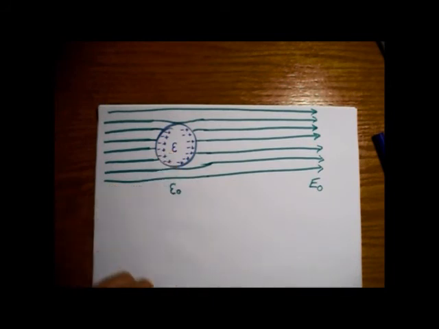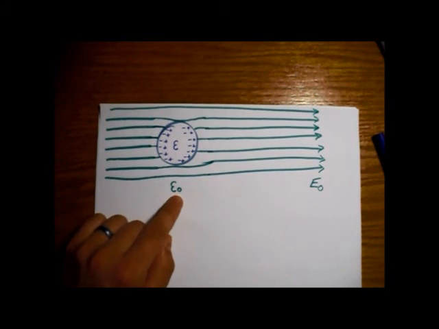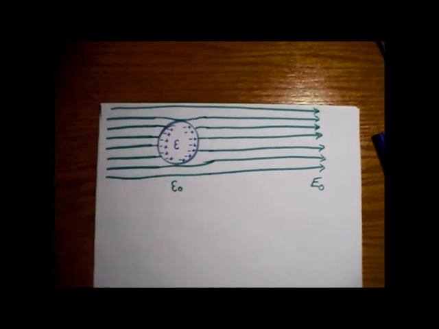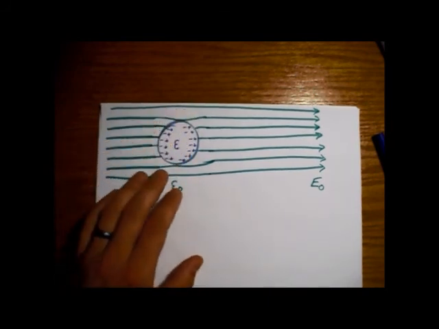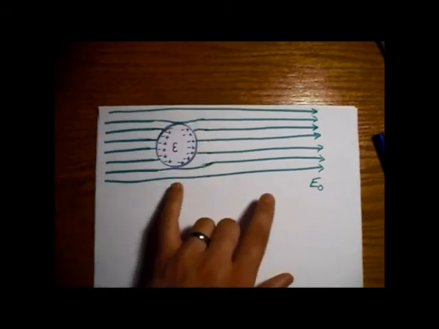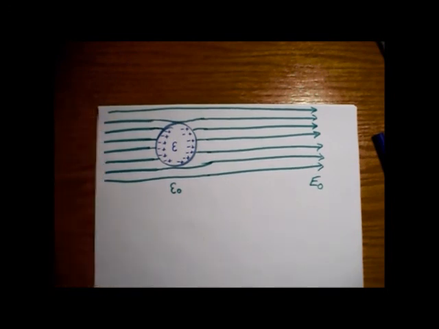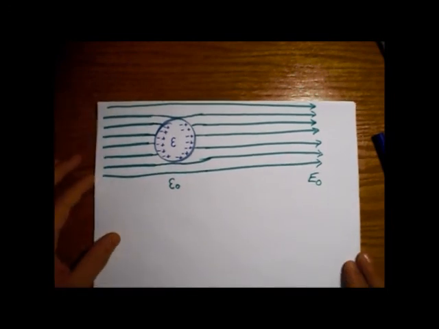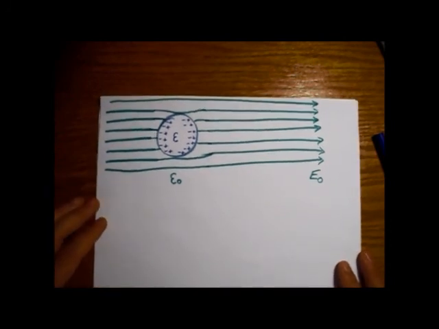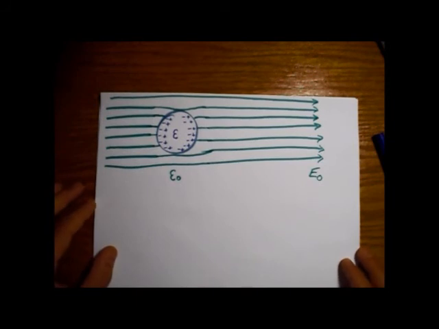And as we move this to the other end, where this matches the outside epsilon naught, then the whole term for this sphere should go away, and we should just be left with the external electric field. So that's first what we're going to do, solve for the potential inside and outside, and then we'll get to the dipole moment.